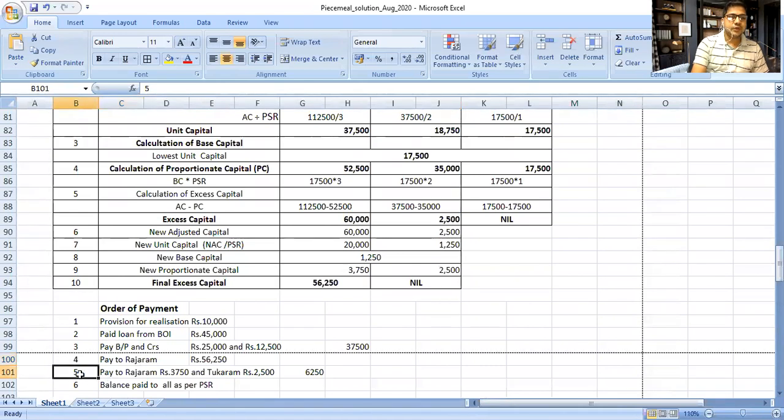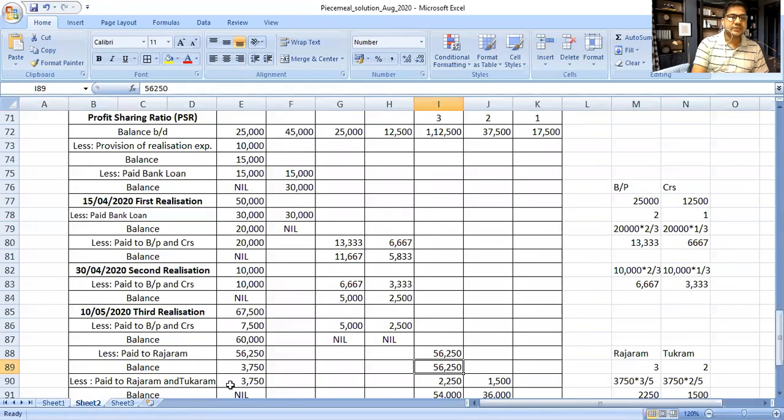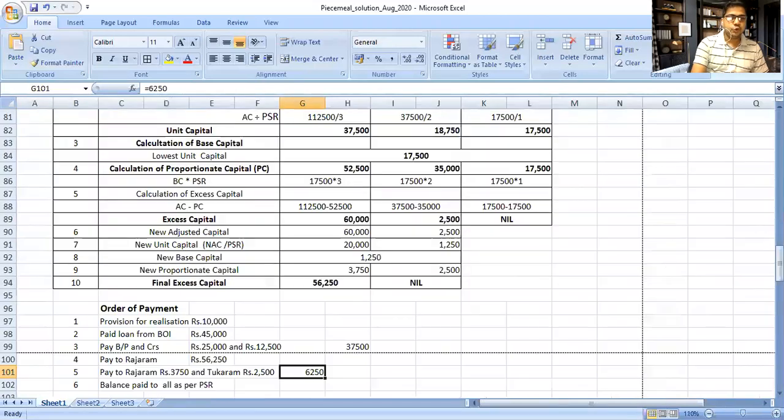Next order, that is paid to Rajaram rupees 3750 and Tukaram 2,500. Now total amount we have to pay Rajaram and Tukaram is rupees 6250. Now friends, we have only balance available 3750 and how much amount we want to pay, total 6250.